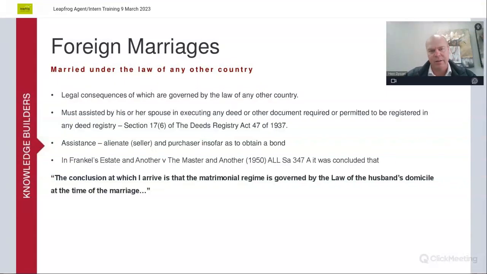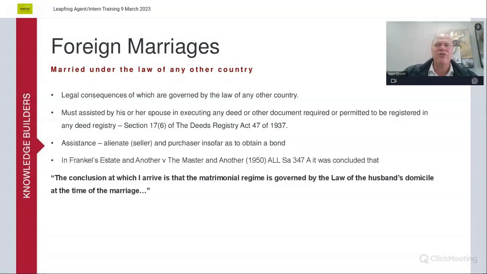But it is difficult. You've got to take it at face value. If your client says he or she is unmarried, you've got to take it as is. Sometimes it comes out that they are actually married, but that is just by pure fluke or chance.